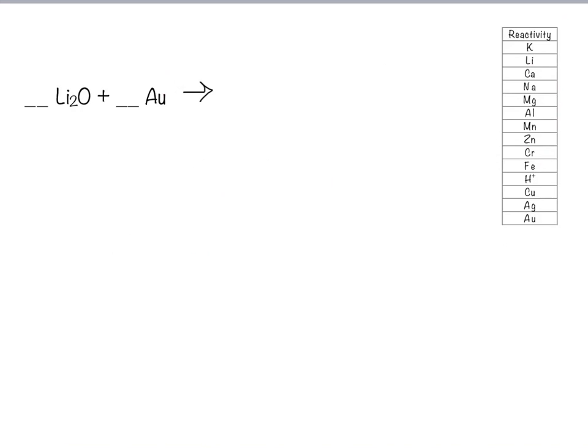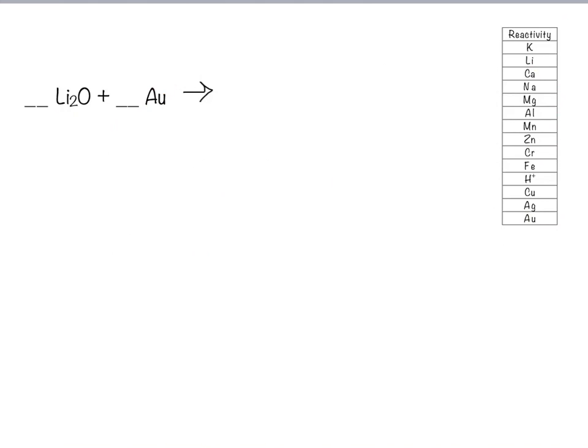Alright, in this example, you will notice that we have gold attempting to replace lithium in lithium oxide. Gold is the very least reactive of these metals. Lithium is extremely reactive. Gold is not going to replace lithium. Gold is sometimes known as one of the metals of antiquity. It's a metal that humans have known about for a long, long time. Why? Because it doesn't form a lot of compounds.